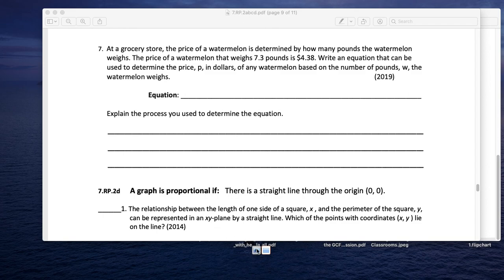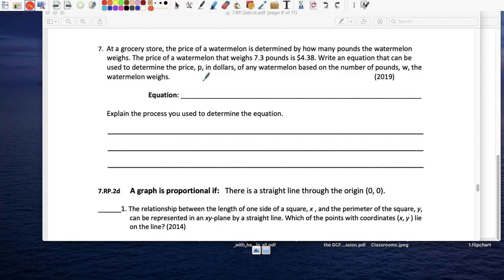Watermelons. We know the watermelons is $4.38 for 7.3 pounds. They want an equation, so if it's obviously proportional, your equation is going to be in this format: y equals k times x. So let's find the constant proportionality, or the unit rate. So 1 pound of watermelon is 4.38 divided by 7.3, sorry, 7.3.